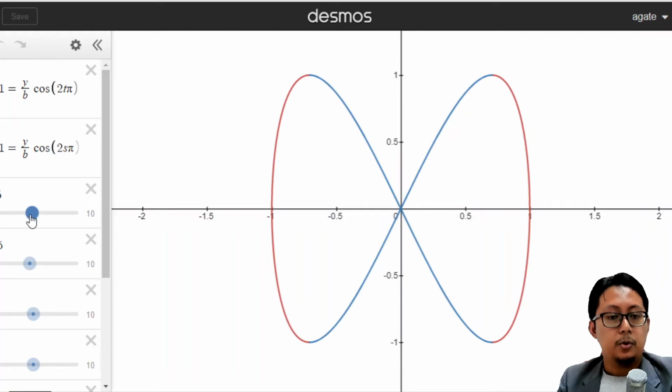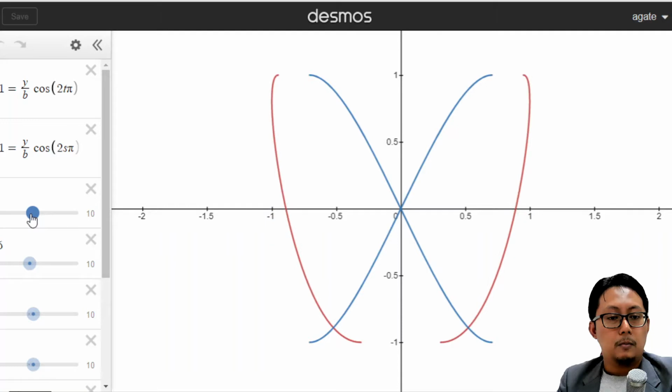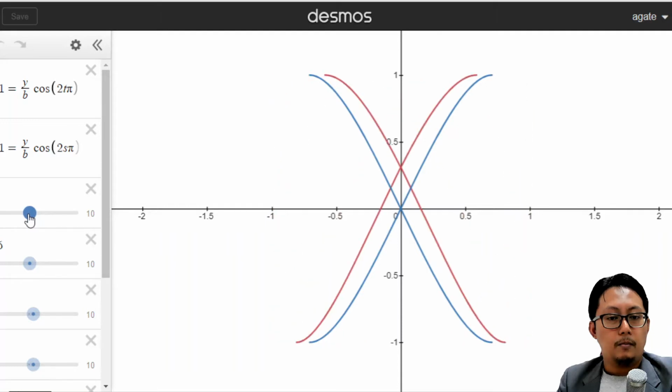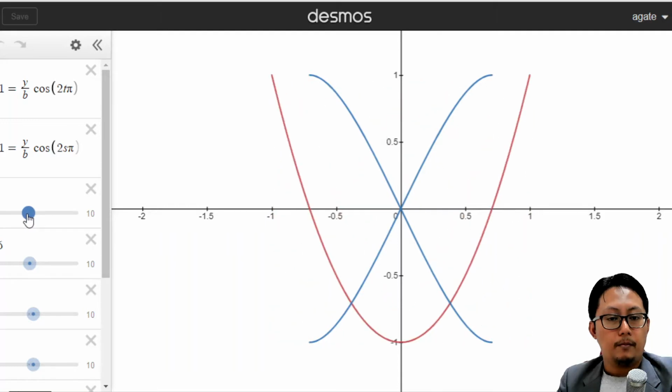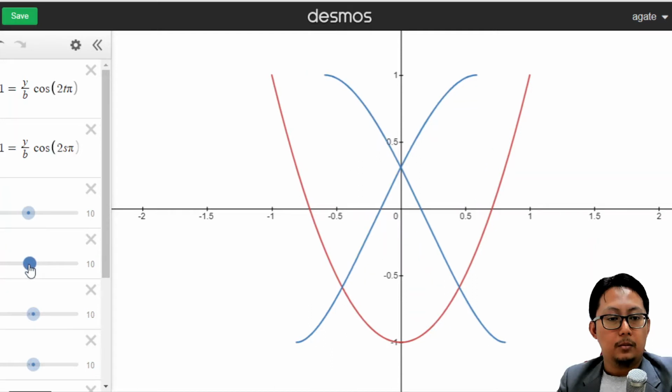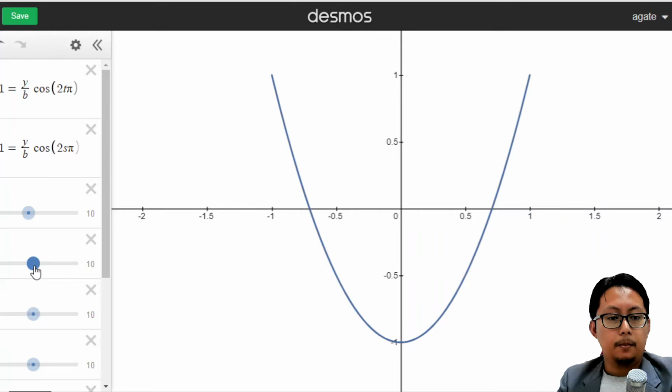So this will be the output for delta equals 0 for ratio 1 over 2.